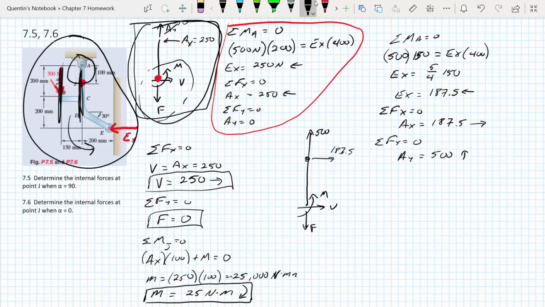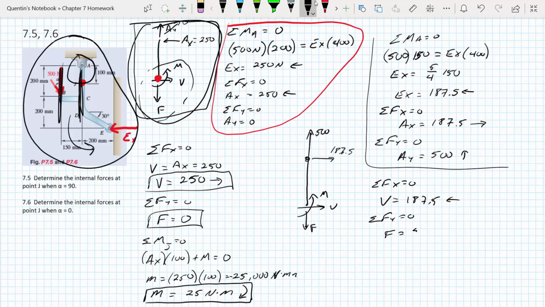Okay, so this is setting it up. Now let's actually solve this part. Sum of forces in X equals 0 tells me that V is 187.5 in that direction. Sum of forces in Y equals 0 tells me that F is 500 in that direction. And lastly, the sum of moments, we'll still do it about this point right here, about J equals 0.